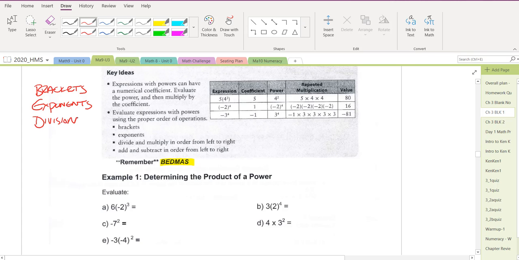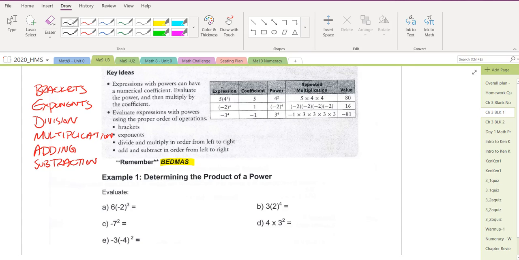Multiplication. A? Adding. And S? Subtraction. Adding and subtracting. Okay, so this told you the order to do operations when you saw them.